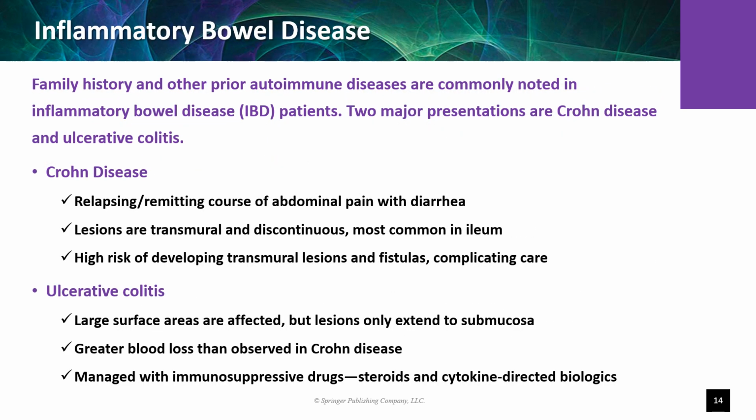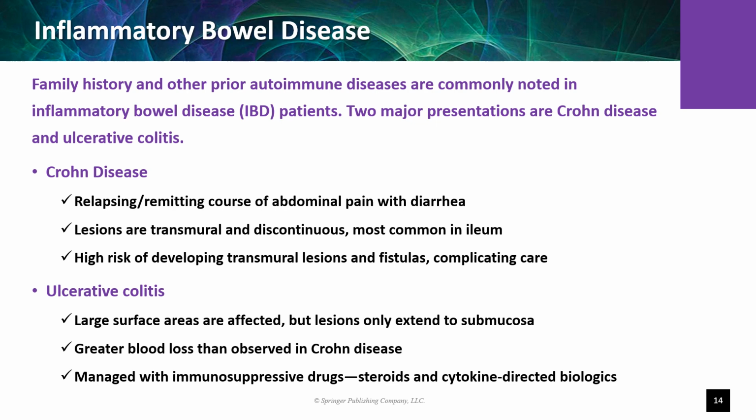Inflammatory bowel disease, known as IBD, includes ulcerative colitis, which tends to only involve the mucosa and submucosa in the colon, progressing proximally from the rectum, and Crohn's disease, which can generate transmural lesions, usually in the ileum and potentially throughout the GI tract.